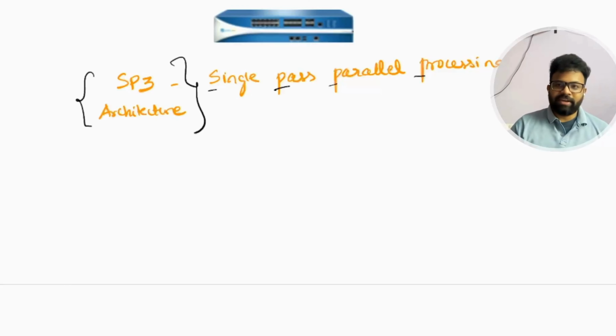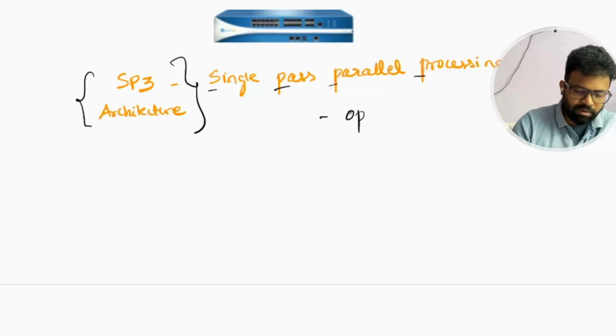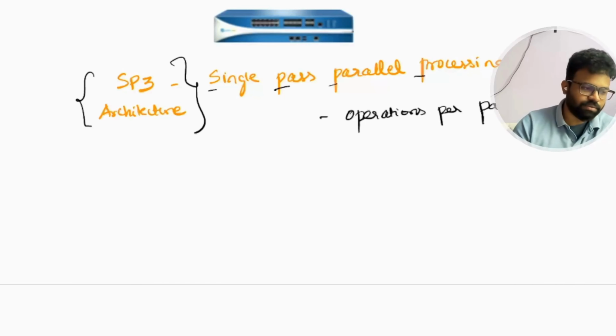So what does the SP3 architecture offer? It performs operations per packet, which means it checks each and every packet going through the firewall.